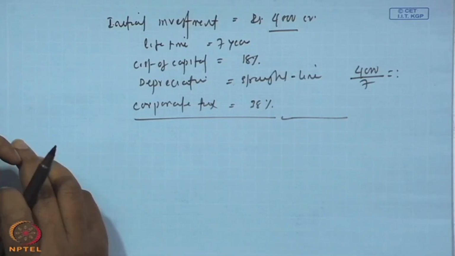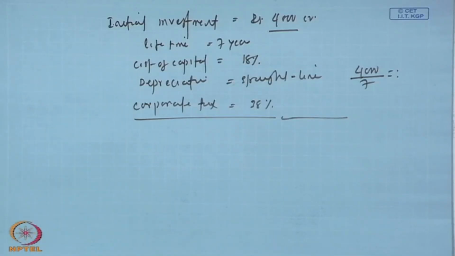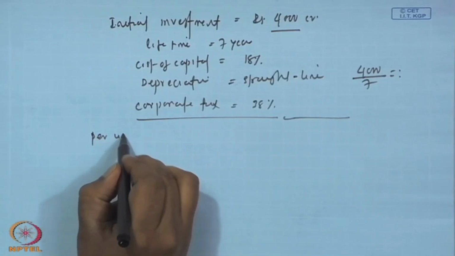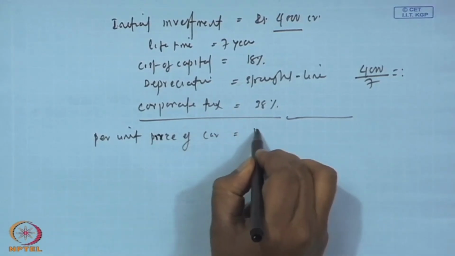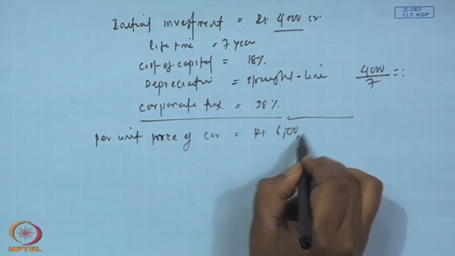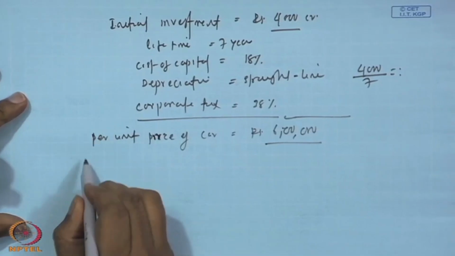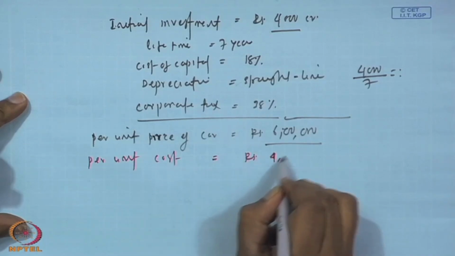If you see, the operating margin is per unit price minus per unit cost. The per unit price is 6 lakh per car, and the per unit operating cost is Rs 4,50,000.